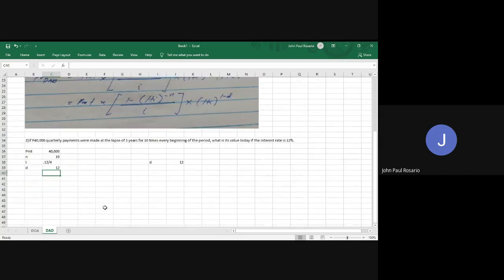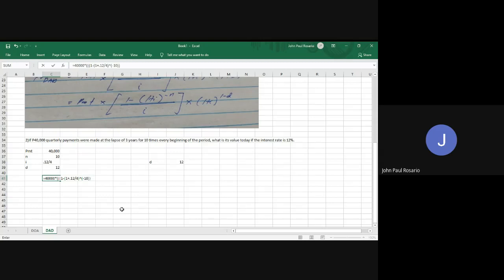Okay, so our present value is the 40,000 payment times (1 minus (1 plus 0.12 over 4) raised to the power of negative 10), over 0.12 over 4, and then times (1 plus 0.12 over 4) raised to the power of 1 minus 12.